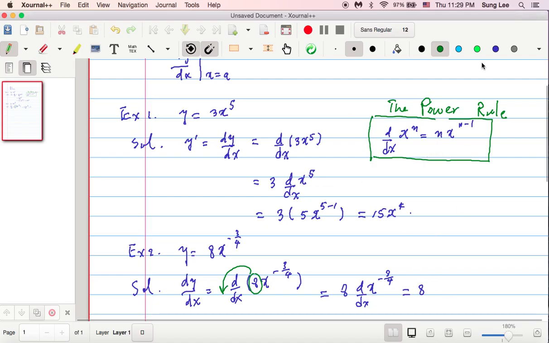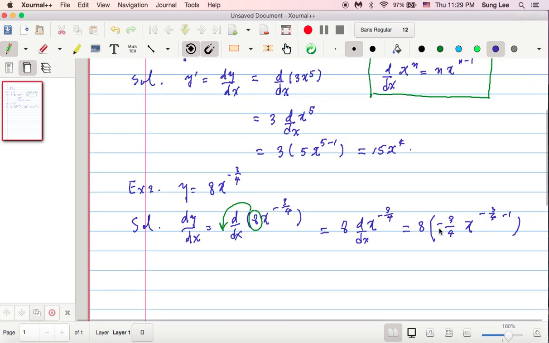So negative 3/4 comes down, x to the negative 3/4 minus 1. So that equals 8 times negative 3/4. 8 divided by 4 is 2, and 2 times negative 3 is negative 6.